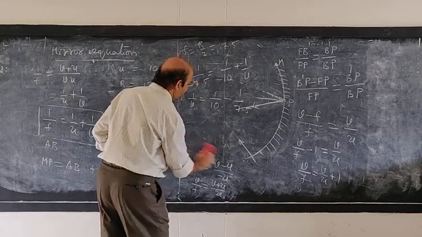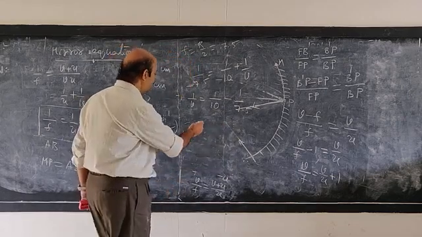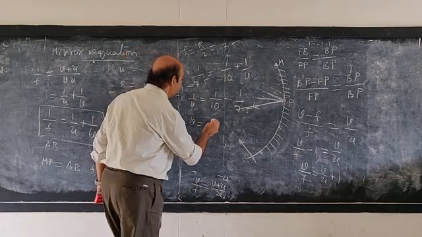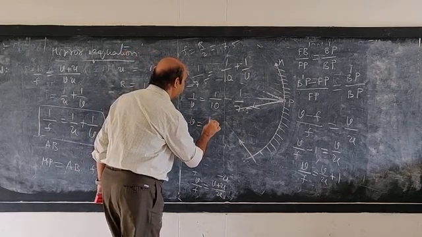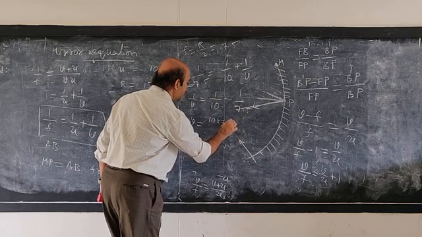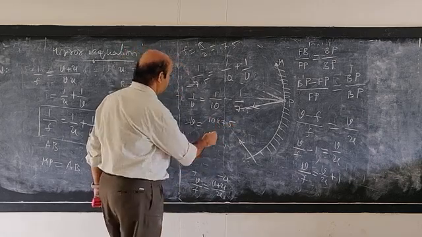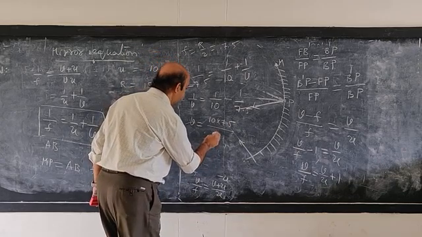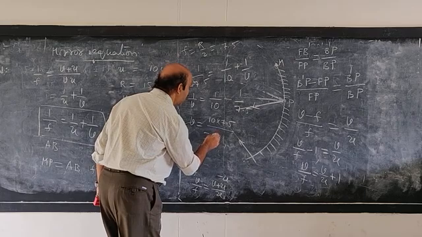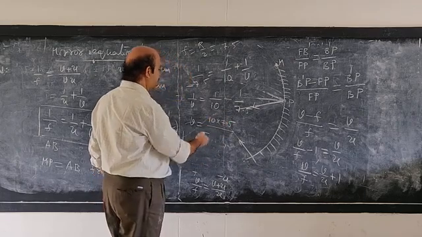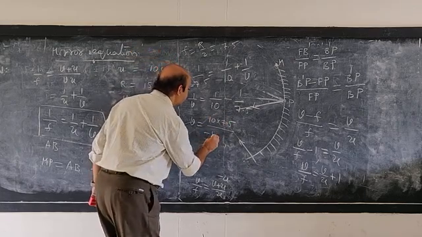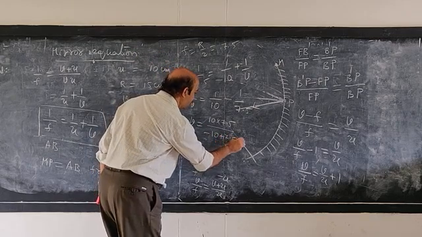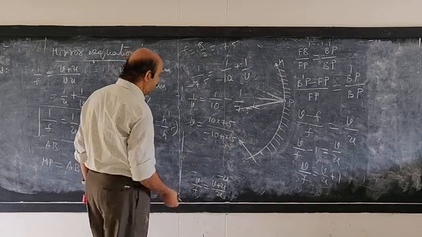Finally, v is equal to 10 into 7.5 by minus 10 plus 7.5, which is 2.5.